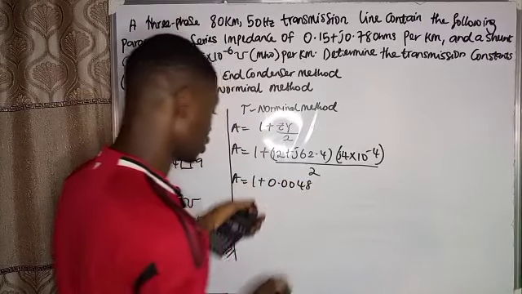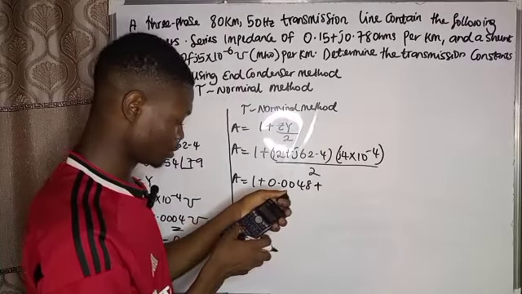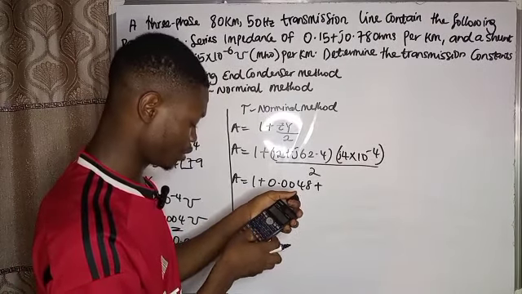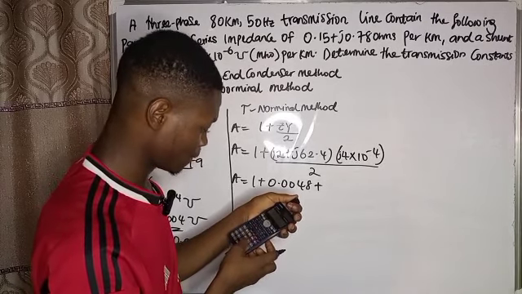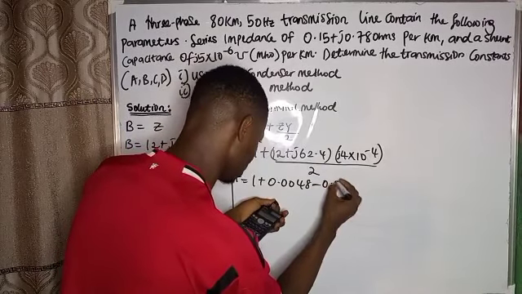Then plus this one multiplying this one will be 62.4 times 4 times 10 raised to the power of minus 4 will give me, because J times J is J squared, and J squared is minus 1. So minus will be here.